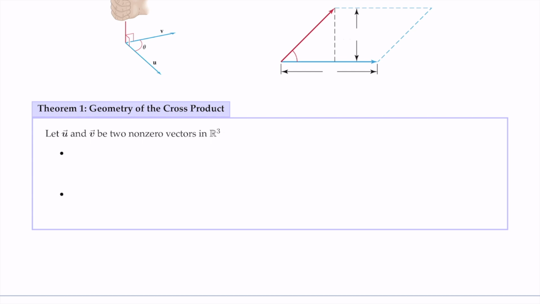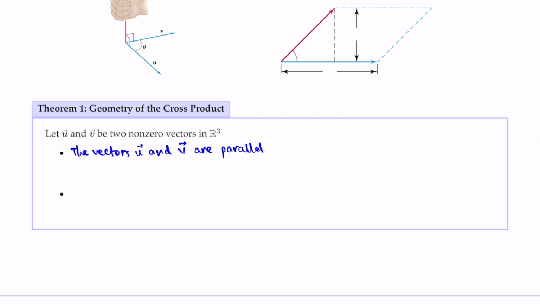Then furthermore into the geometric representations of the cross product. Now given two vectors u and v, again these are two non-zero vectors, and we just want to look at the vectors in the three-dimensional case. Then the vectors u and v are parallel.